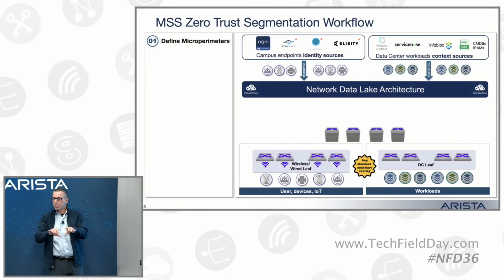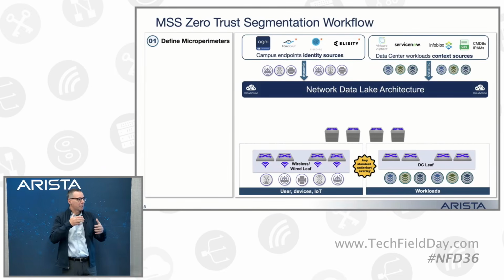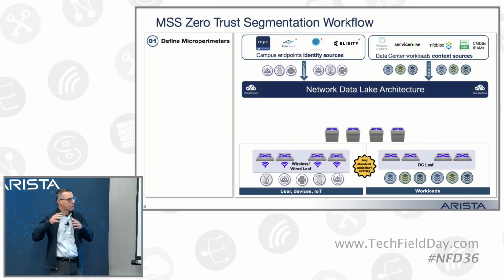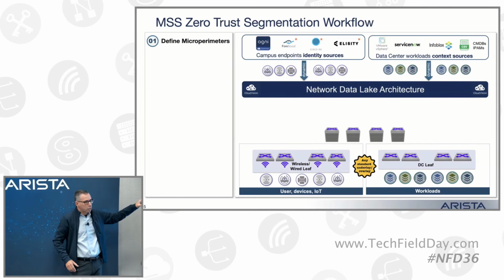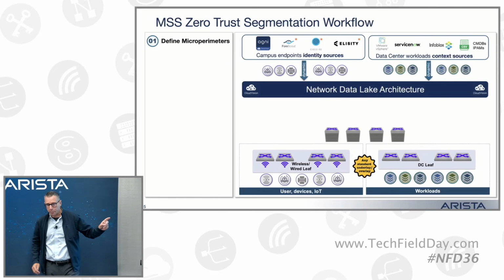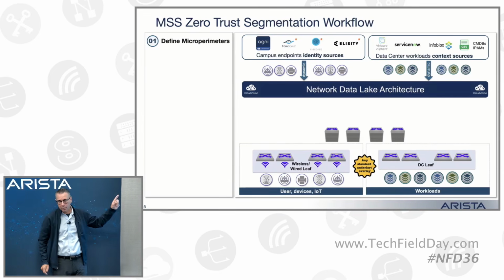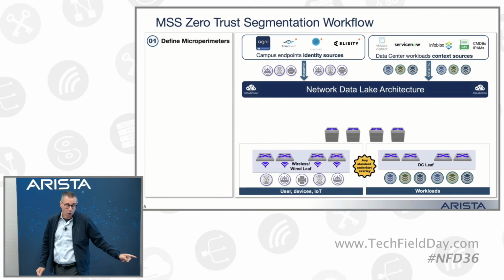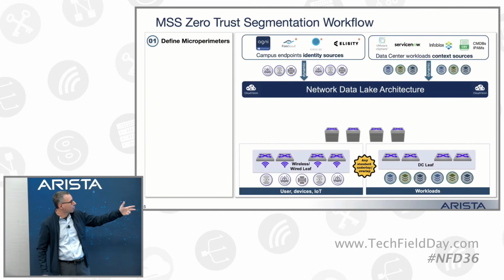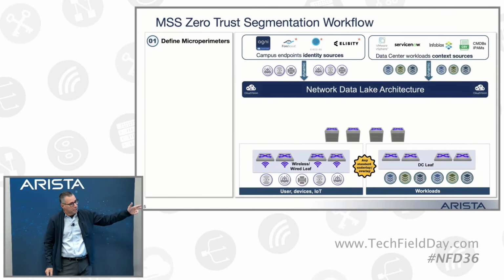Yes, you can use CloudVision and sit there and manually associate these IP prefixes and networks to labels, but what we want to do and what we have done is integrate with multiple context and identity sources for campus and data center, right?